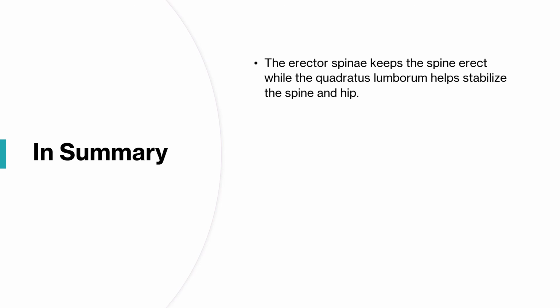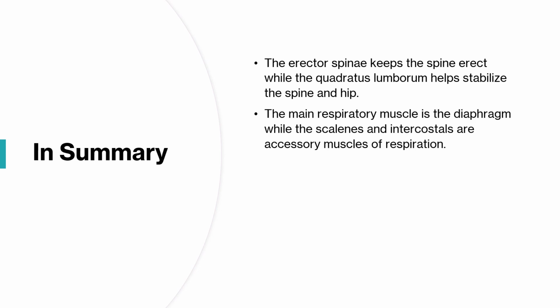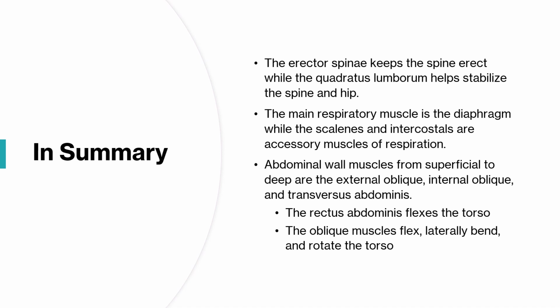The Erector spinae keep the spine erect, while the Quadratus lumborum helps stabilize the spine and hip. The main respiratory muscle is the diaphragm, while the scalenes and intercostals are accessory muscles of respiration. So the main guy is the diaphragm, and all the little helpers are the intercostals and the scalenes.